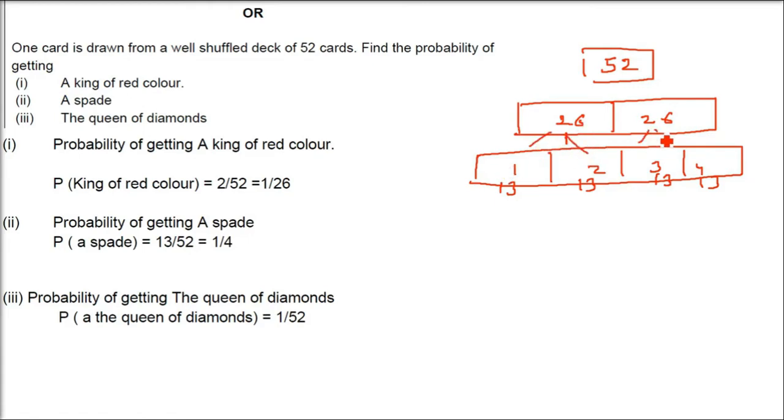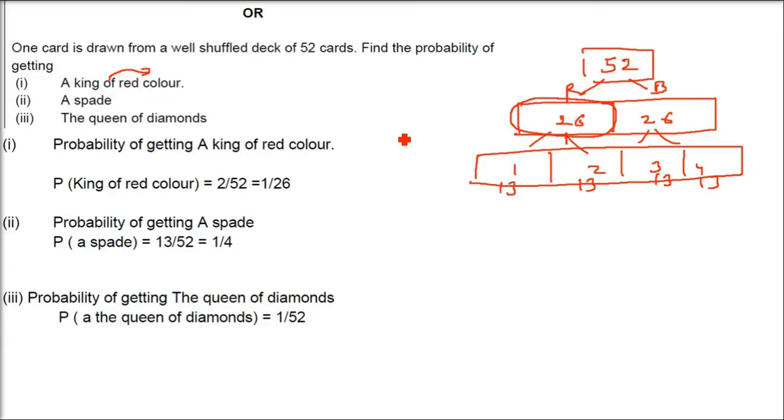So now the question is a king of red color. As I said, 26 are red and 26 are black. In these 26 red, there are further partitions of 13, 13, and each of these partitions will have its own queen and king.